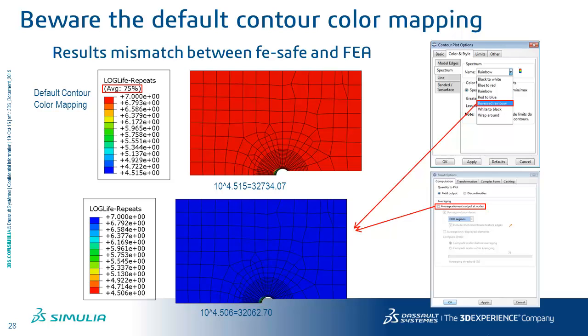So whenever you turn on that averaging, you have a different number than fe-safe gave you. Our recommendation is when you plot the log life, use a reversed rainbow and turn off the averaging to get the correct value of the life estimation.